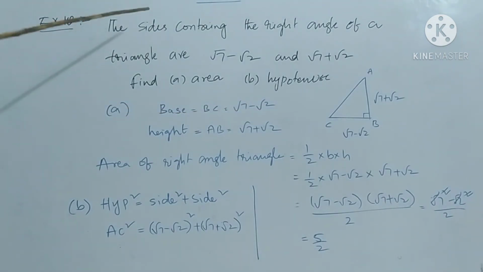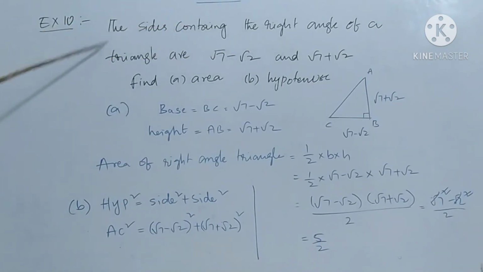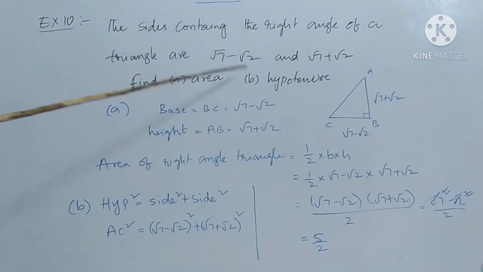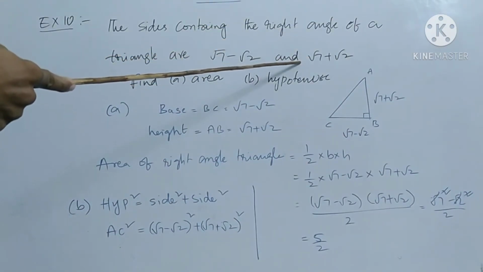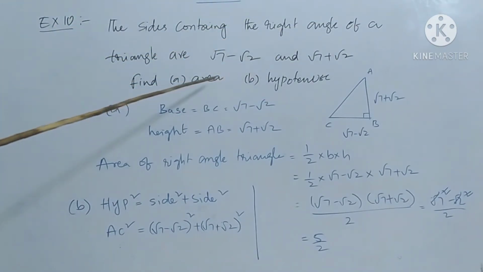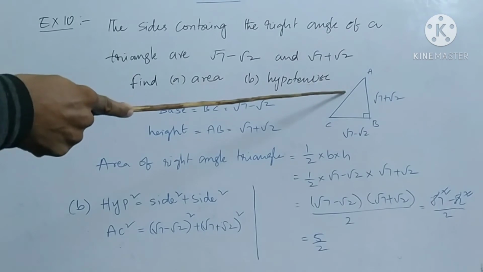Example 10. The sides containing the right angle of a triangle. This is a right angle triangle. Sides are root 7 minus root 2 and root 7 plus root 2. Find these: area first, next hypotenuse. So this is a right angle triangle ABC.